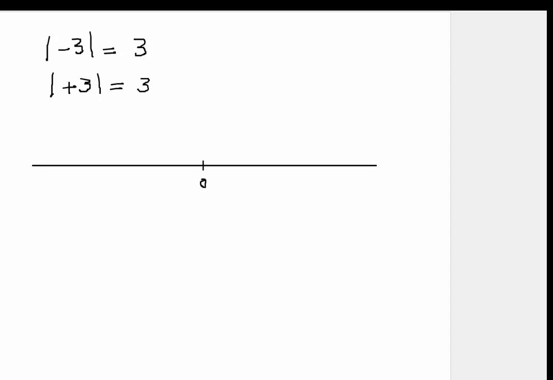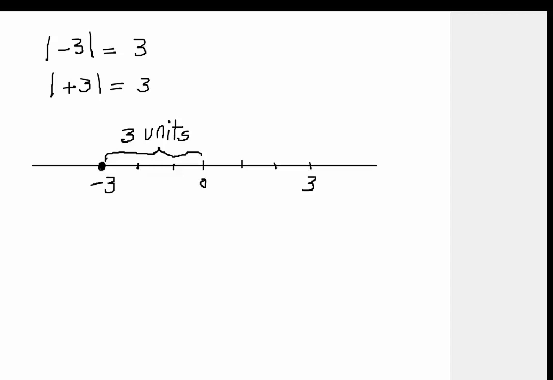So what that means is, if I have a number line, when we talk about the absolute value of negative 3, it means how far the number negative 3 is away from 0. So absolute value corresponds to the distance of this number negative 3 to 0. Obviously it's 3 units. So as you see, when we count the distance, we always end up with a positive number.